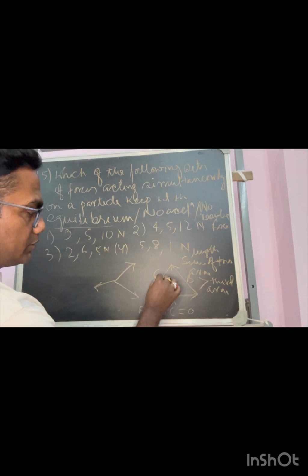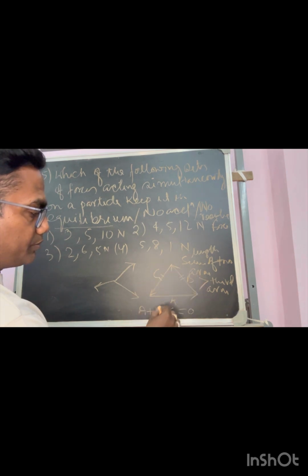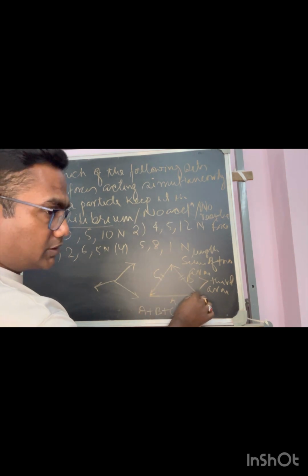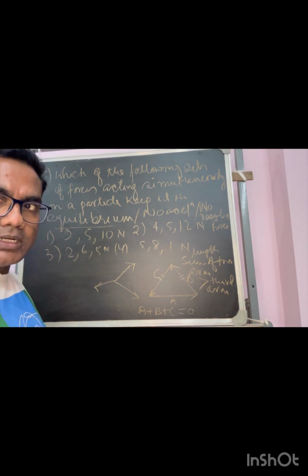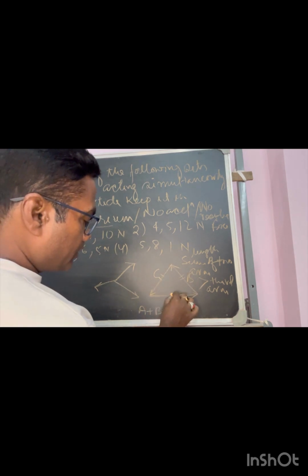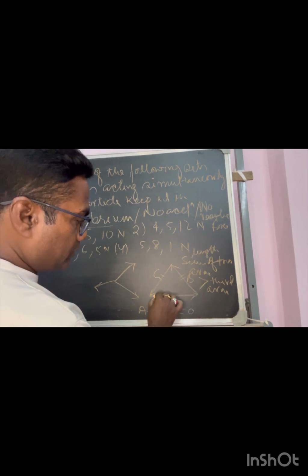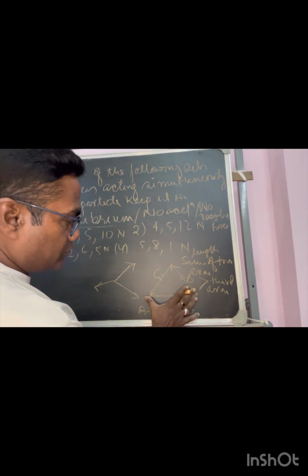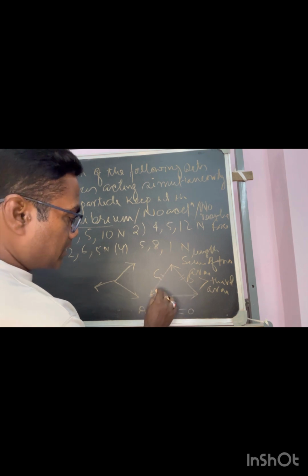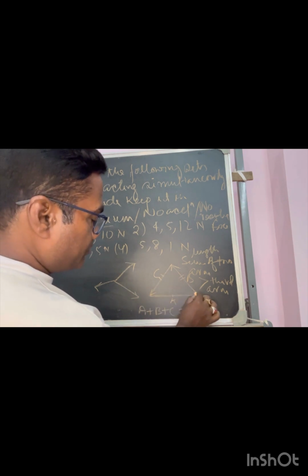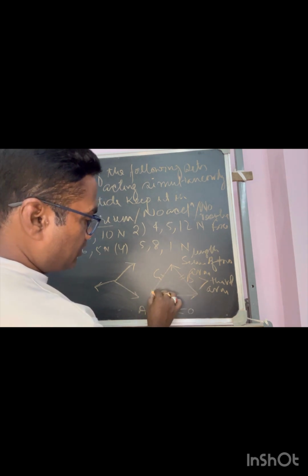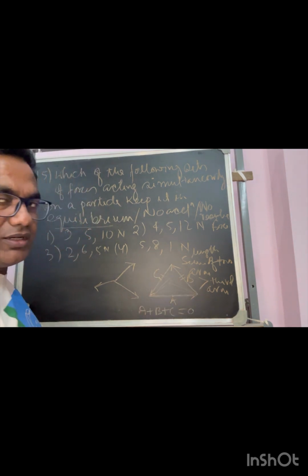Unless these two sides summed up are more than the third side, it cannot create a triangle. If the sum is equal to the third arm, it will be a straight line, it will overlap. There should be some deviation in the value to create a triangle.